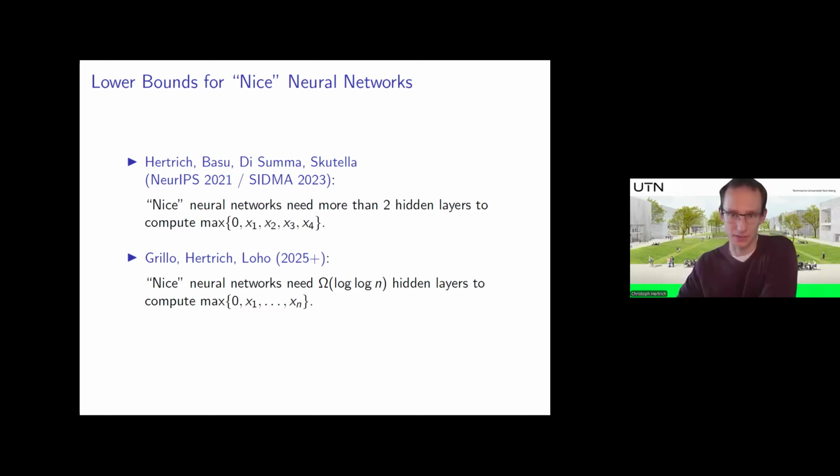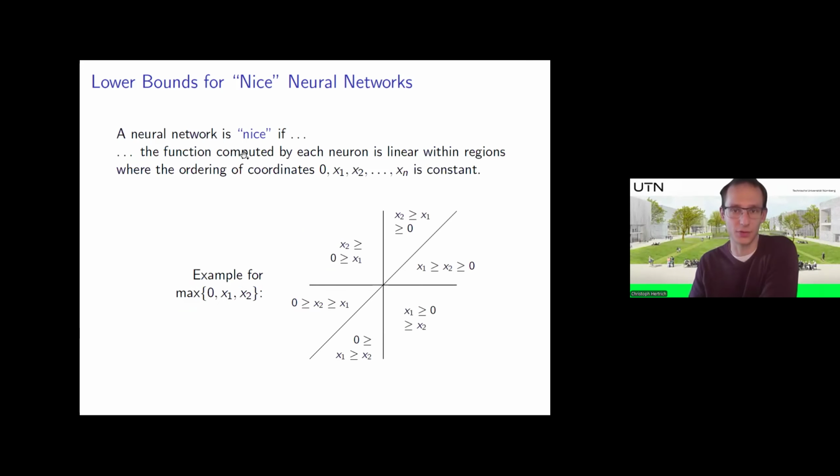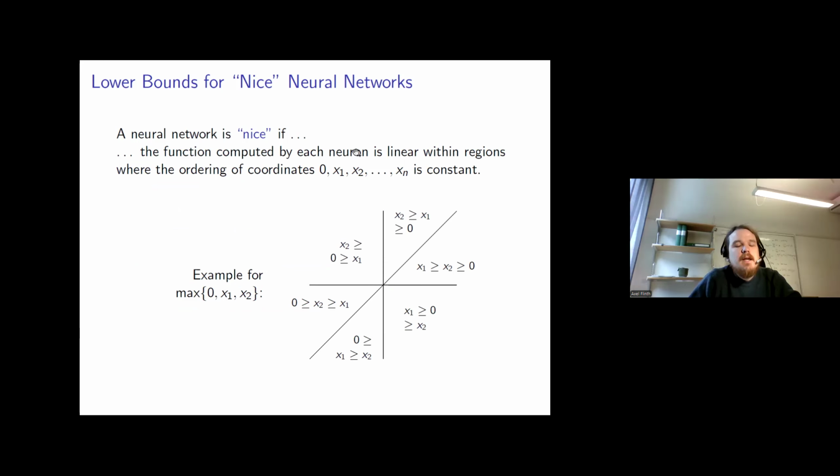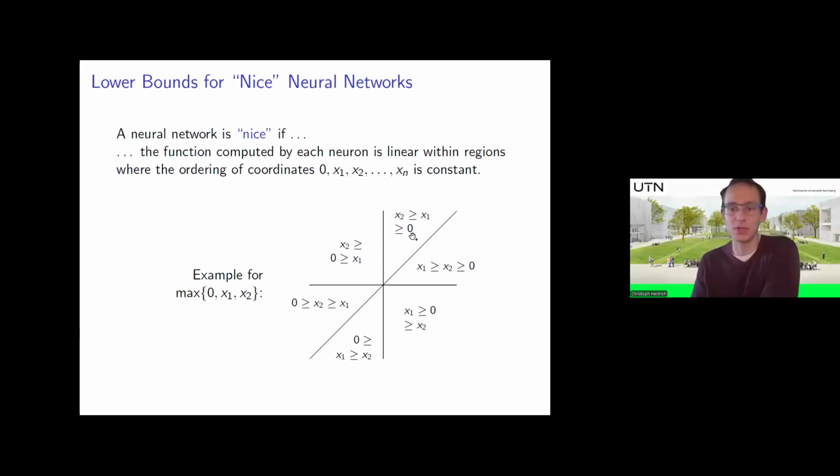For the neural network being nice, we require each neuron. By each neuron. Okay. Nice. It could be helpful that some neuron does something weird within the region, but then this cancels out with some other neuron, and then you do something that does not affect the interior of a region anymore, but it somehow changes what happens between the regions.